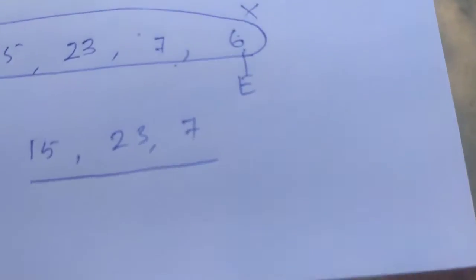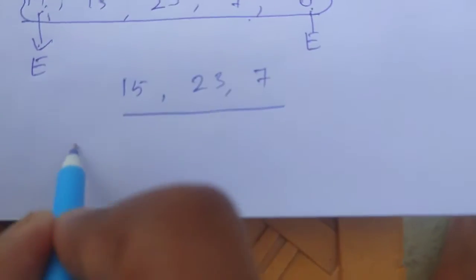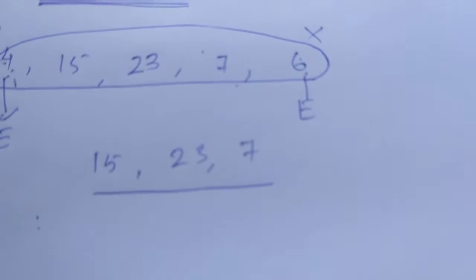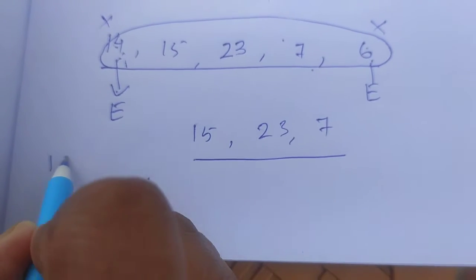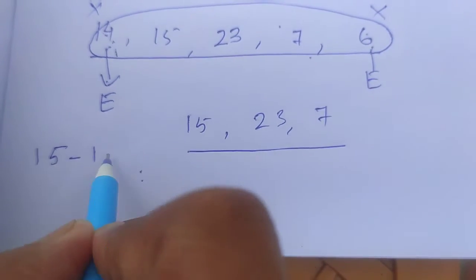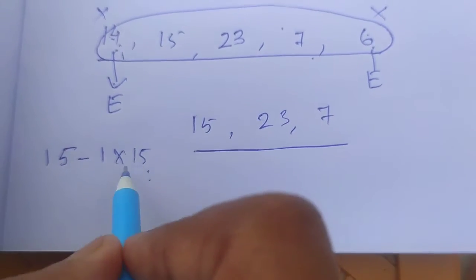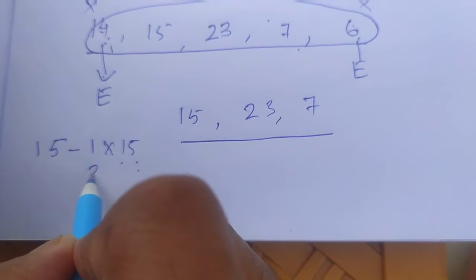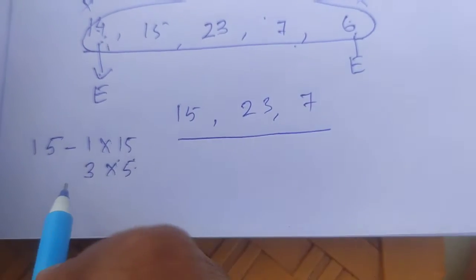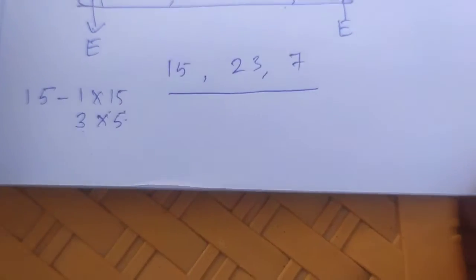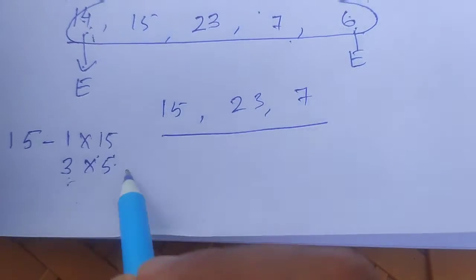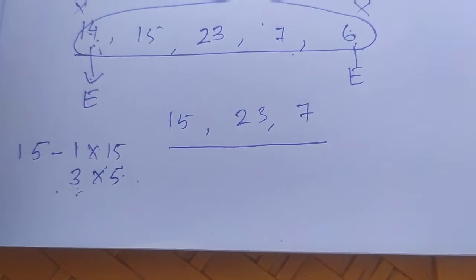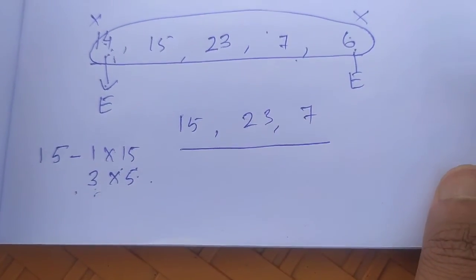So what are the factors of 15? 1 into 15, the 2 table it will not go, 3 into 5, the 4 table it will not go, then the 5 table, that is 5 into 3, the 6 and 7 tables it will not go, and then it goes on the 15 table.